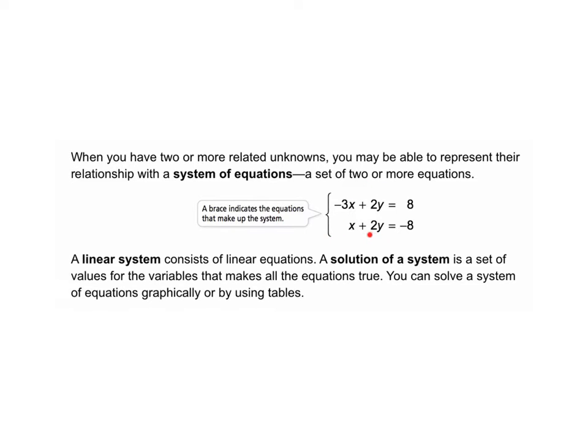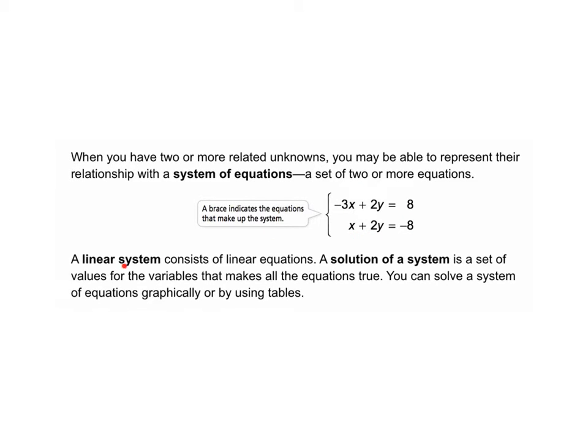Our goal in solving is to find the x and y value that works in the first equation and in the second equation. So you could think of many different examples of ordered pairs, x comma y, that will work in the first, but there's only going to be, in most cases, one point that works in the first one and the second one. So guessing and checking could take you forever.